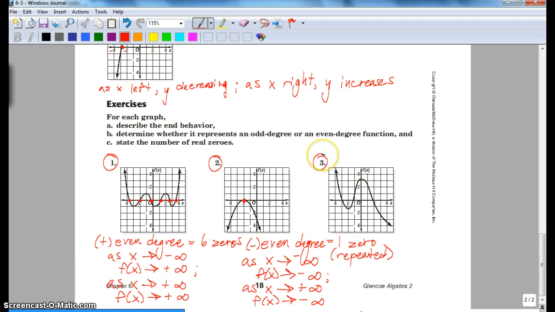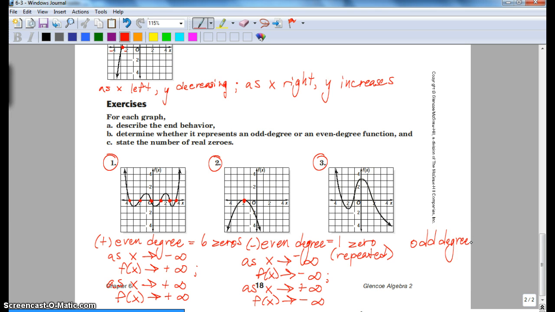Let's move on to number 3. So in problem number 3, we can see that our end behavior is up and to the left, down and to the right. So hopefully, as we relate back to the very first exercise up at the top here, we can identify this right away as an odd degree.